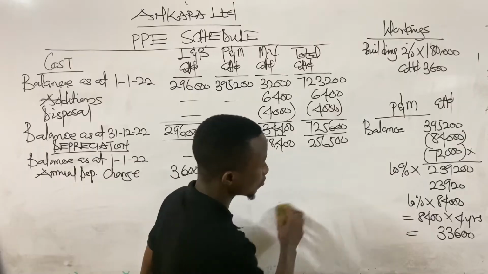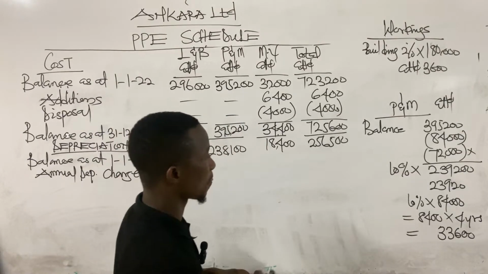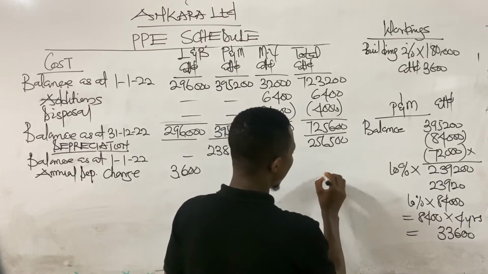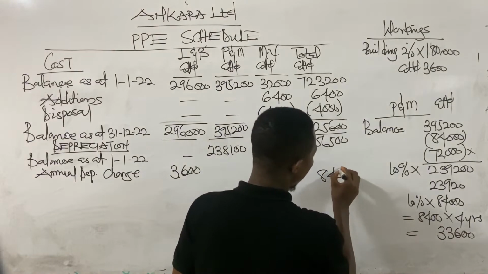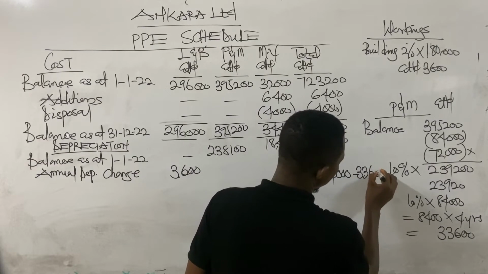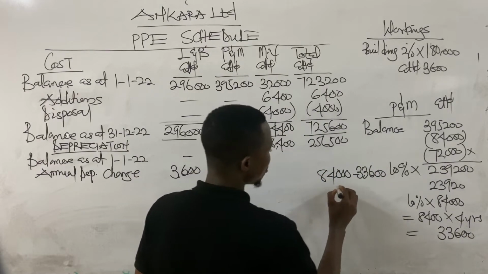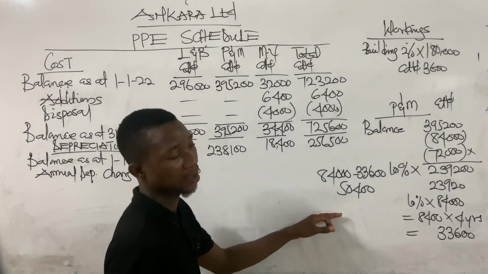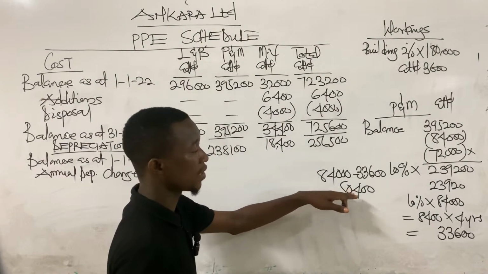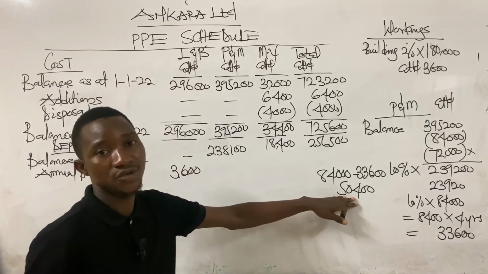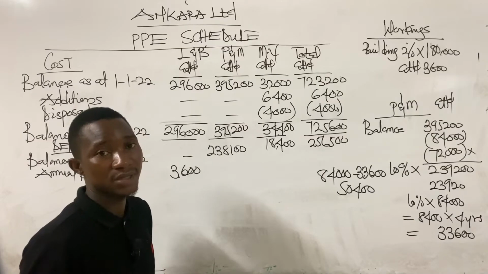So to do this, we subtract the accumulated depreciation from the 84,000 minus the 33,600, and this will give us 50,400. So for this, that is the balance as at 1st January 2022.